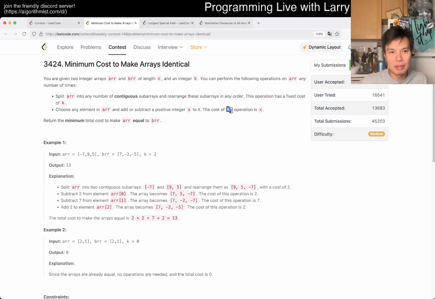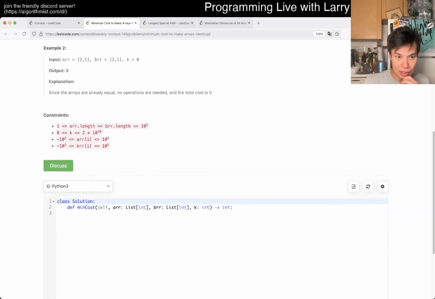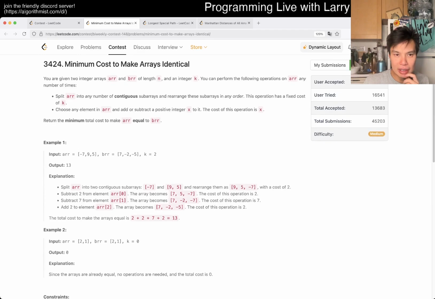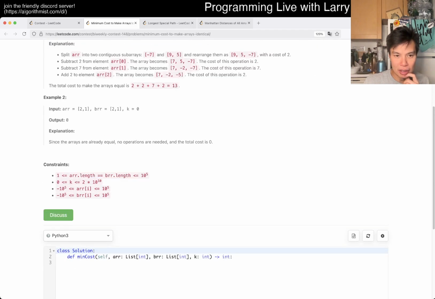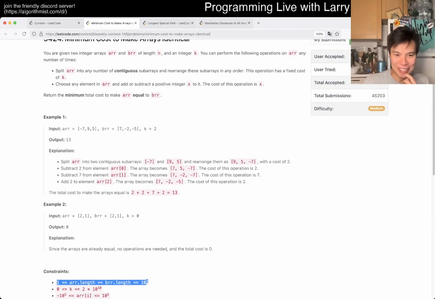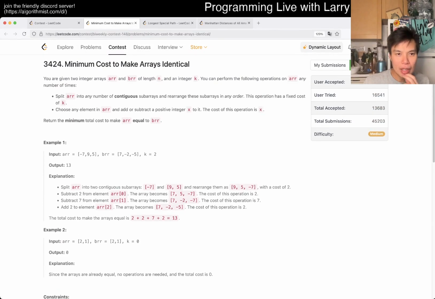Add any element in the array. Okay, so the numbers are big. The k is big. What is k again? Oh, k is the fixed cost that they tell you. And the lengths of the arrays are big. Okay.